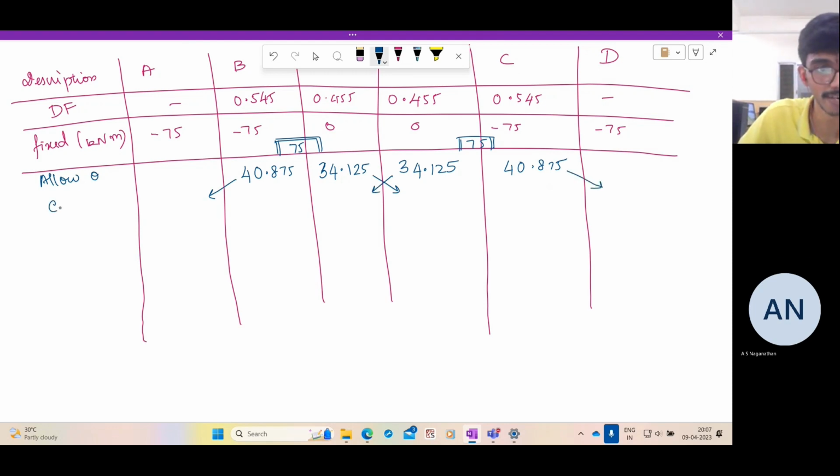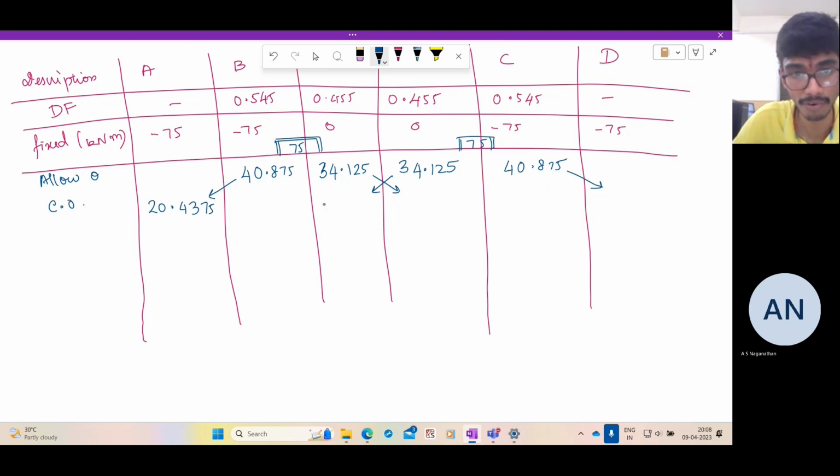But if it rotates, there is also a carryover moment of half the values. So the carryover moment is nothing but 40.875 by 2, which is 20.4375. And here you get 34.125 by 2.